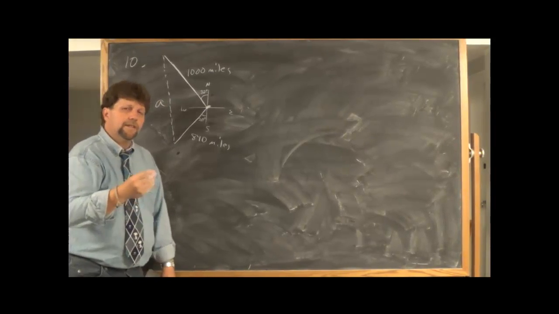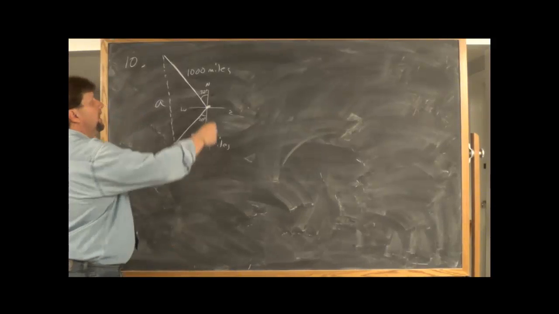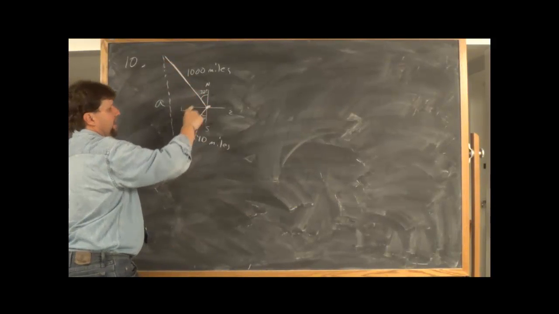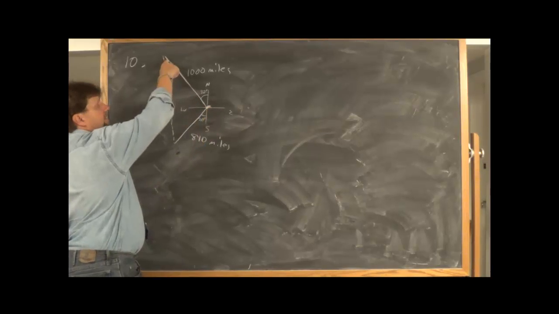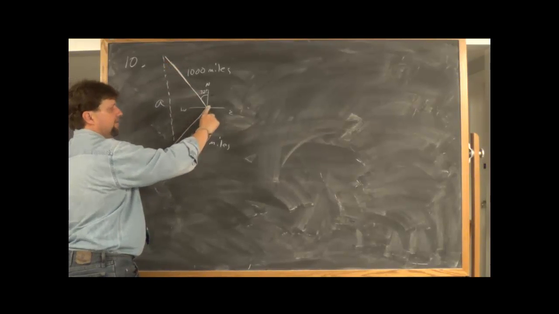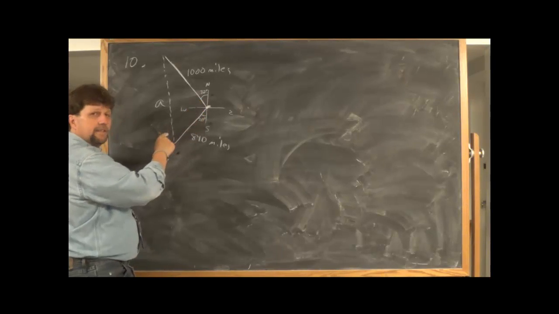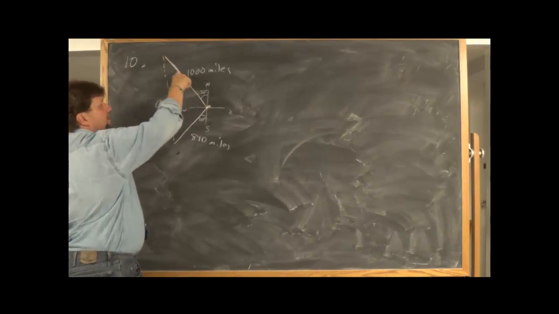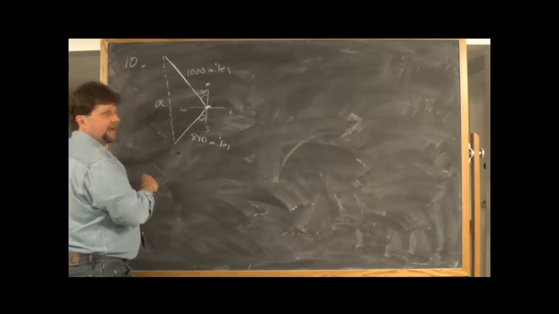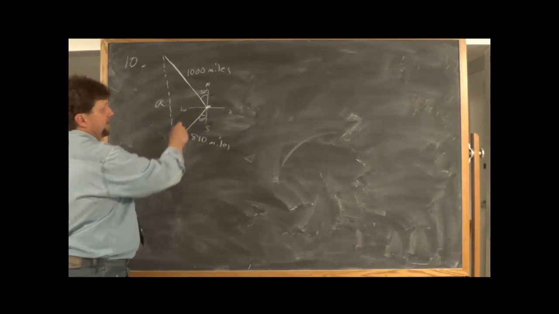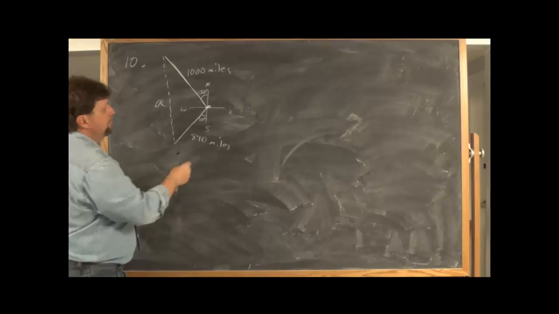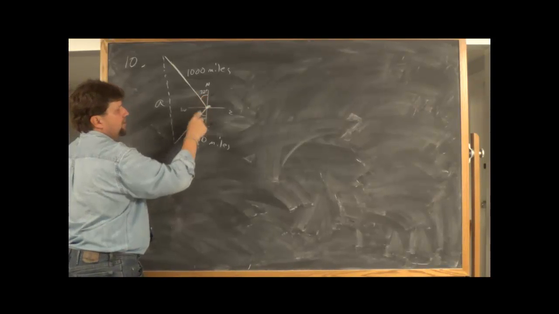It almost looks like it's a basic law of cosines problem. I know the length of this side. I know the length of this side. This is 1,000 miles. That's 840 miles. If I could just determine the angle measure, that's the included angle. Side, angle, side. And I can quickly find the measurement of this angle. I know this little angle is 32 degrees.